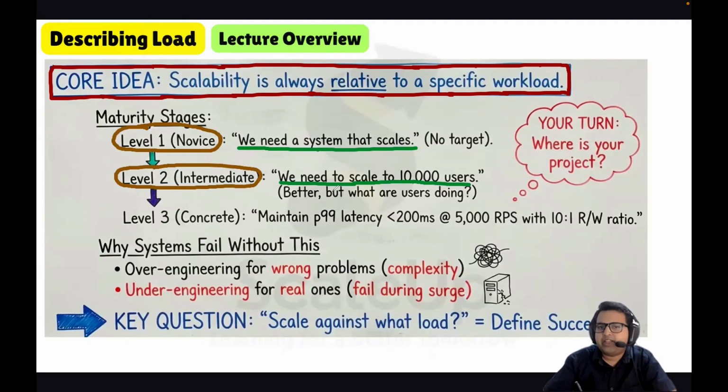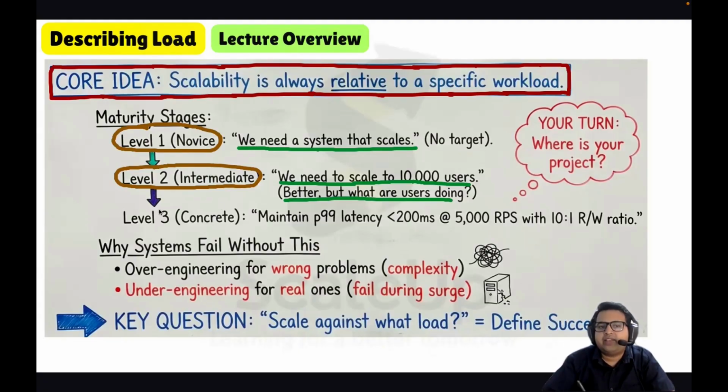This statement is much better, because here we have highlighted the load. The load is 10,000 users, but it is still vague. We haven't specified what those users will be doing. Those 10,000 users will just be surfing web pages, or some complex operations will be involved. That information is missing.